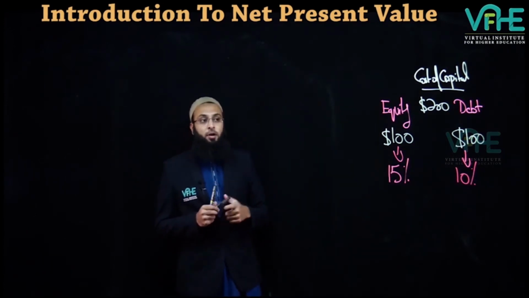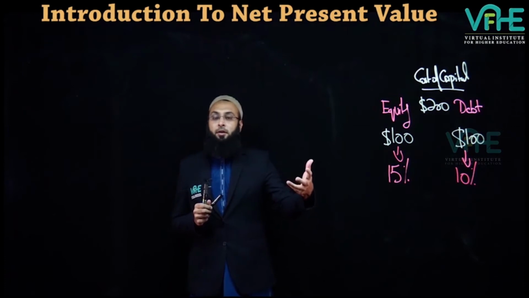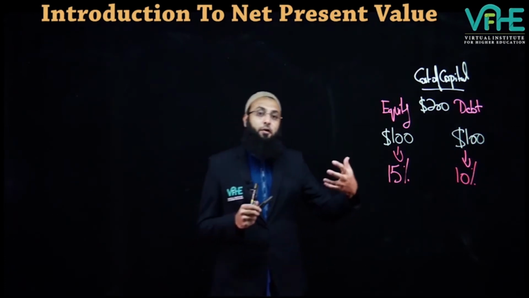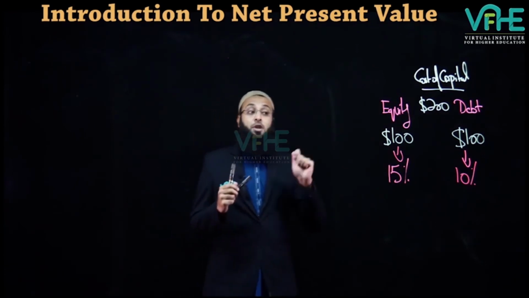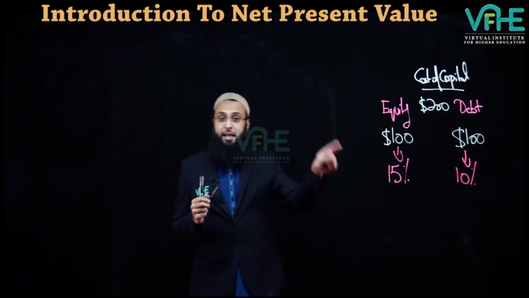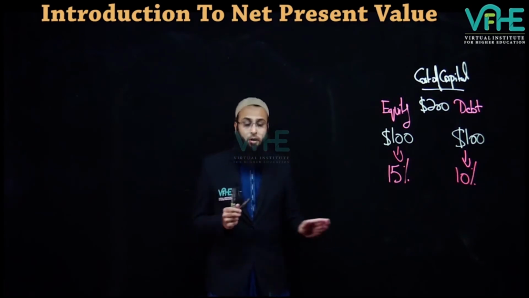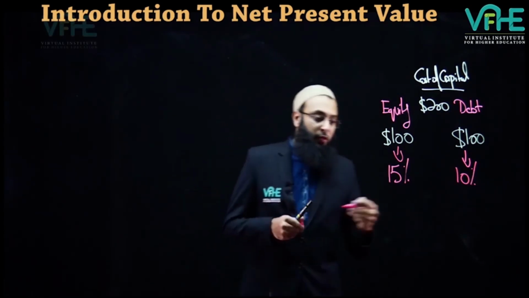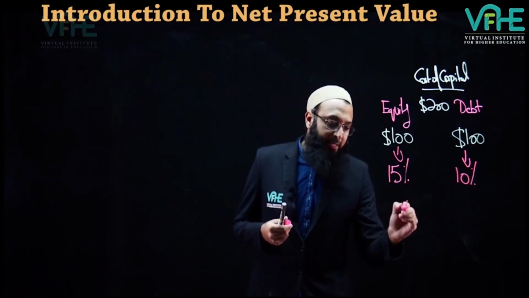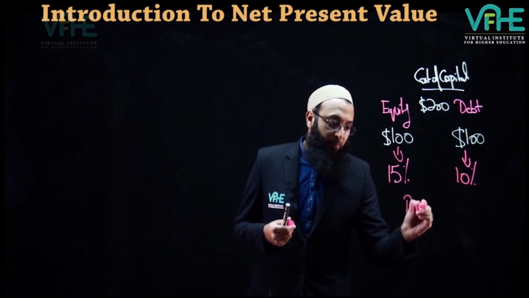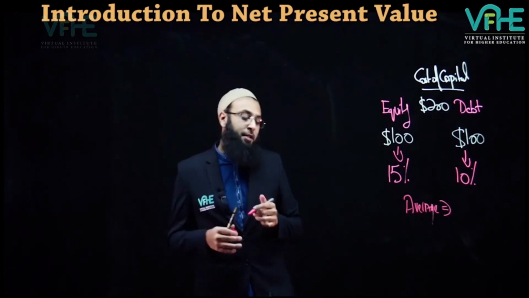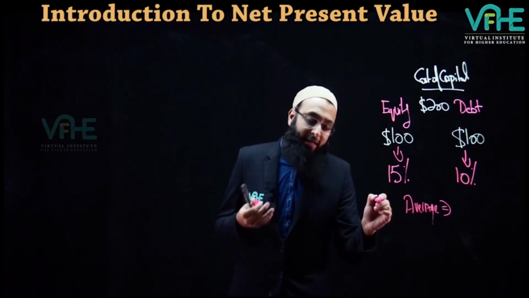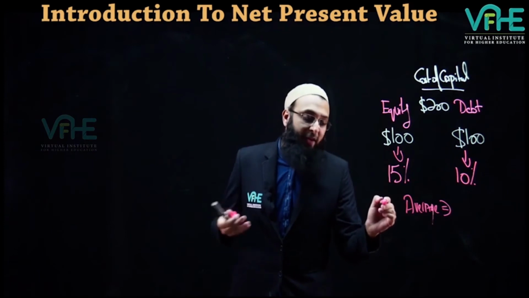Now, 100 we got from equity, 100 we got from debt. What we need to make sure is that we cover 15% and 10% for sure. So once we average this, but the way to calculate the average is different, and that is why we call it the weighted average.